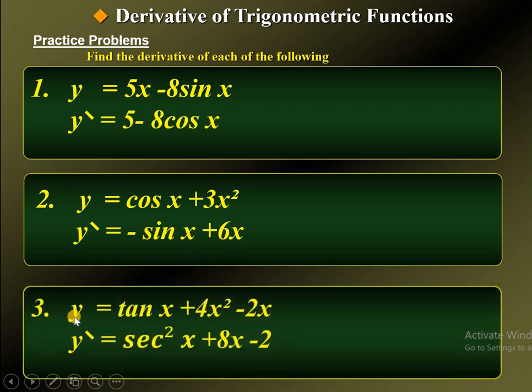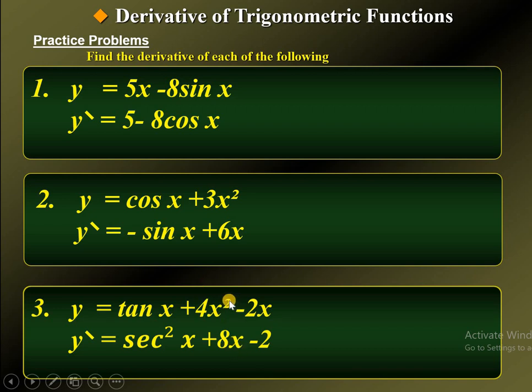Exercise number 3. I have y equals tan x plus 4x squared minus 2x. As I said in the last slide, derivative of tan is sec squared x. Derivative of 4x squared, bring down the power to be a coefficient, so I'm going to multiply it by 4, equals 8x.